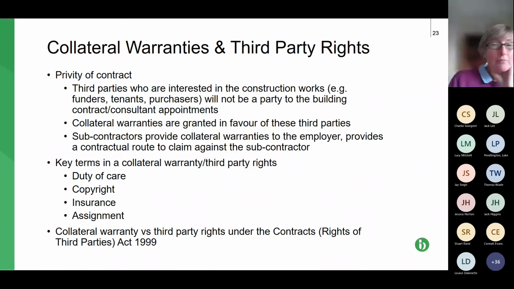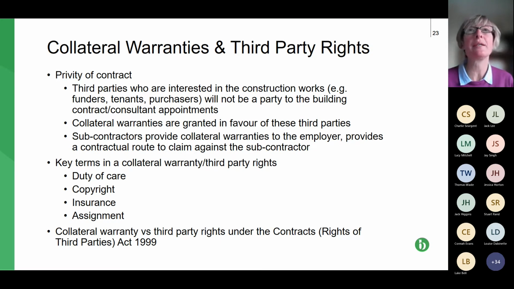So the third party rights is just an alternative to collateral warranties. It's not used at all. Often you'll see in that final bullet point, it was introduced in 1999. So you would think, 23 years later, we would be using it more, because basically all it requires is provisions in the main contract to say it's intended between the parties that third parties, and to name the third parties, or the type of third parties, do get the benefit of the rights and obligations under this contract.